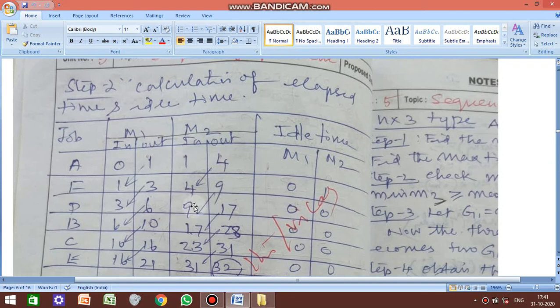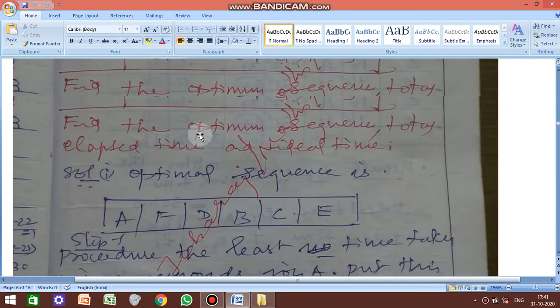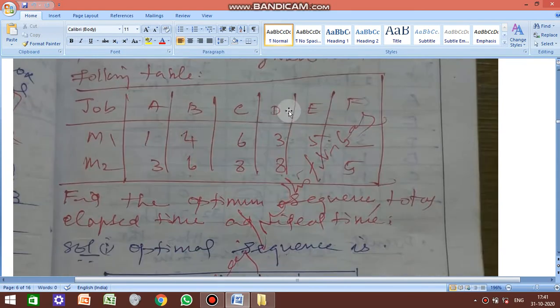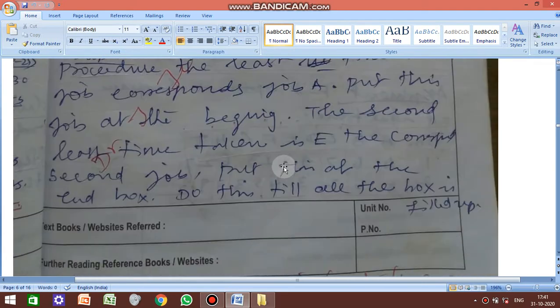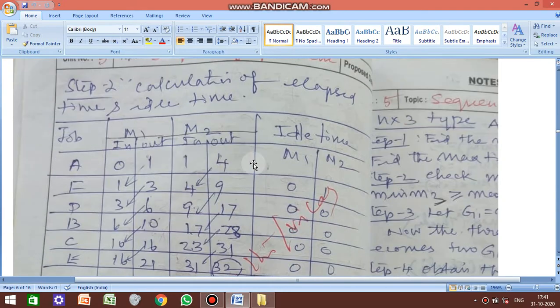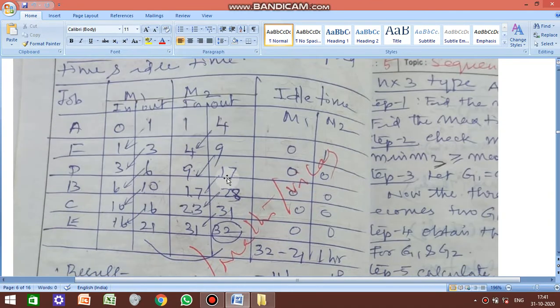Now this out time becomes the in time for D. To find the out time we go back to the problem. How much time does D take under M2? It is 8 units. So we add 8 with this and get 17 units here.